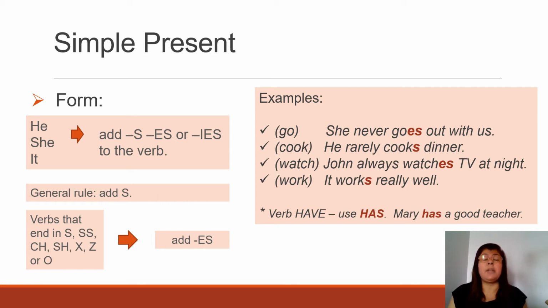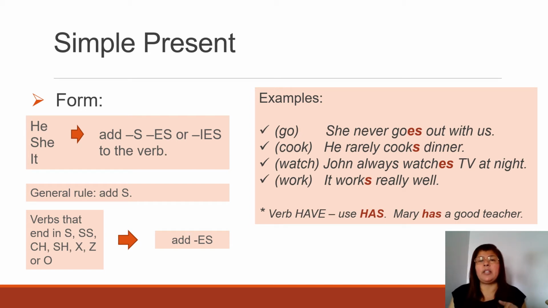Pay attention because you have some verbs that are going to be a little bit different. For example, the verb have. The verb have, you don't add s. You just use a different form. That's the form has, because the verb have is an irregular verb, okay? The example, Mary has a good teacher.